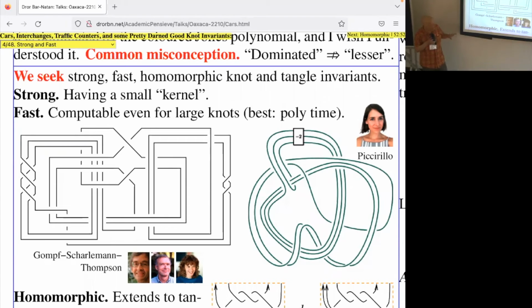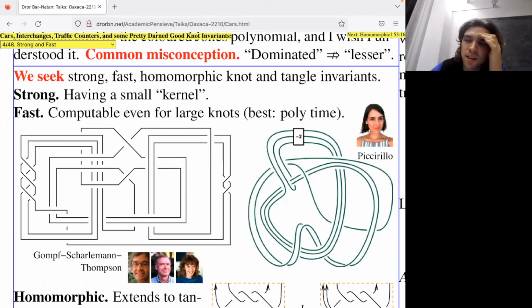You exactly know how it behaves under operations of tangles. And so you actually can compute it by divide and conquer, by adding crossings one at a time and making your tangle bigger and bigger until it reproduces the knot you wanted.